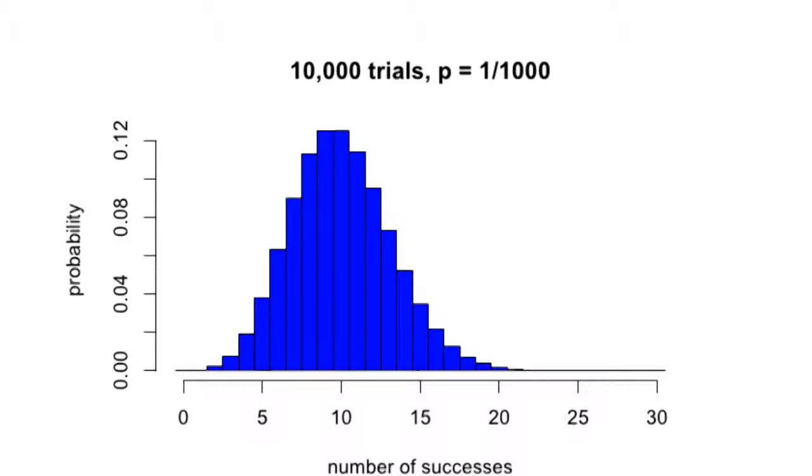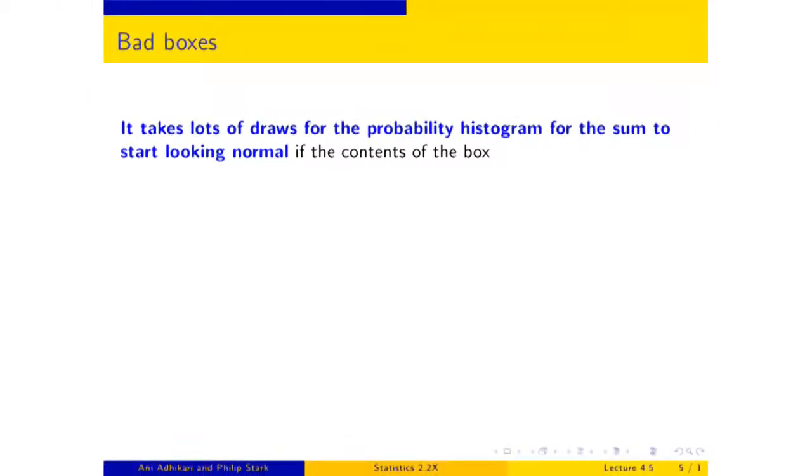So what is it that you look out for? It will take you a long time to achieve normality, by which I mean it will take lots and lots of draws before the probabilities for the sum start to look normal, if what you've got inside your box is not pretty.